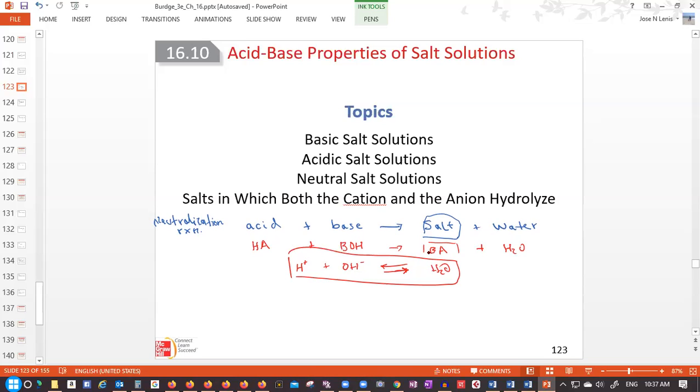Notice the composition of the salt here. The cation, which is the B in that structure, comes from the base, and the anion comes from the acid. So let me write that here again. The salt is made of two parts.